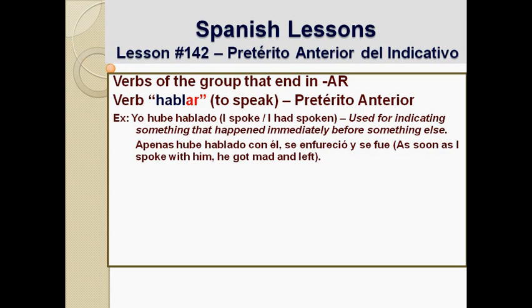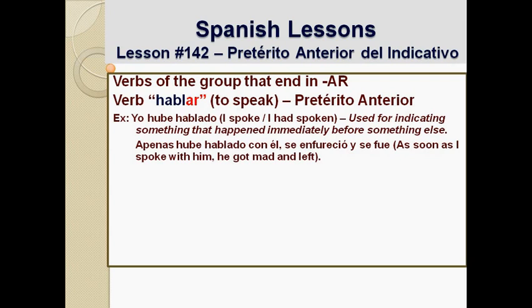Hube, which is the auxiliary verb that goes conjugated, and later hablado, that comes from the verb hablar, or to speak. So you will also see that if in everyday conversation we try to express this same idea, we'll probably use simple past or the pretérito pluscuamperfecto, right?